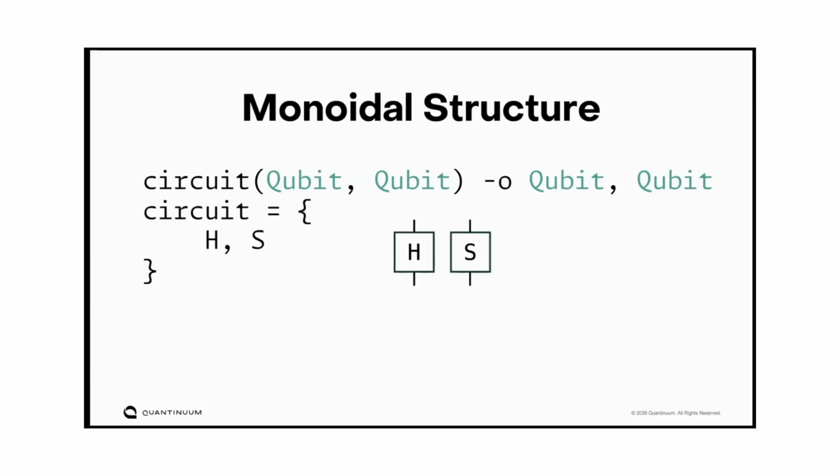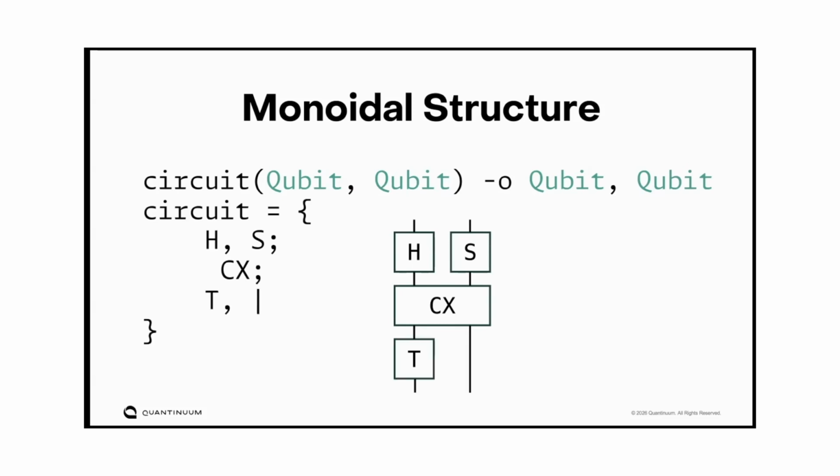Then we can keep playing this game. In particular, the semicolon is the symbol we use to denote composition of functions. So here we can do first h, s, and then we can do cx, which now acts on both qubits. And then, for example, we apply t, and this pipe symbol is just our syntactic sugar for an identity function.